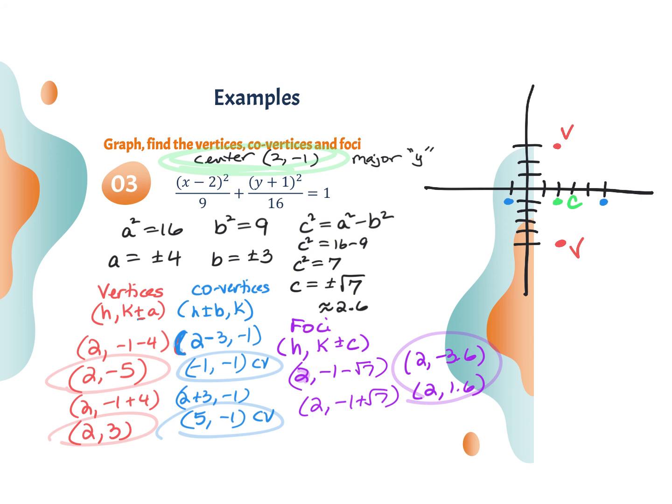So 2 and -3.6, around there, and then 2 and 1.6. Connect the red and the blue. Make your oval shape. And there's your graph of your ellipse.